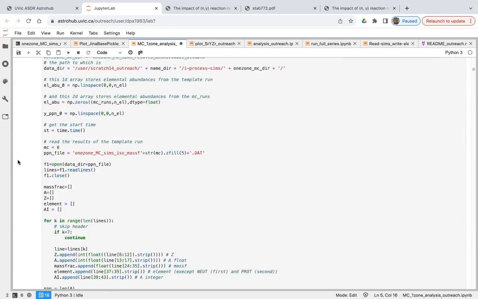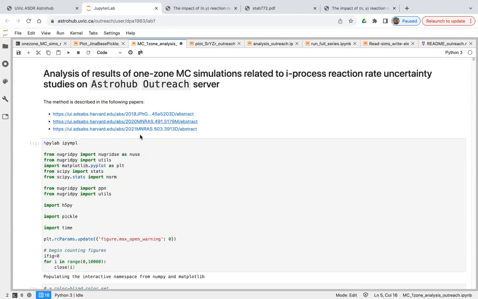So there are our publications that are referenced here. Results presented in those publications were, most of them, obtained with Monte Carlo simulations that I explained to you how to do last time, and using this notebook for their analysis. Okay, I think that's actually it for today.